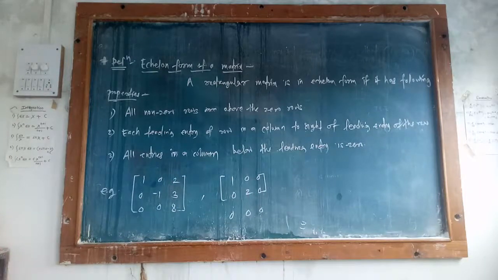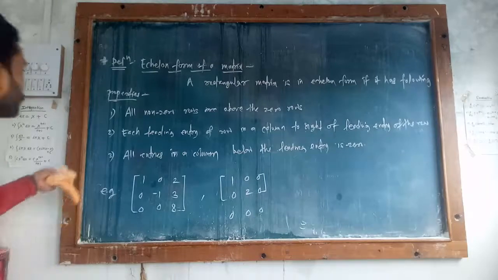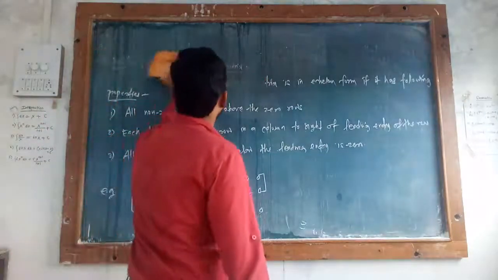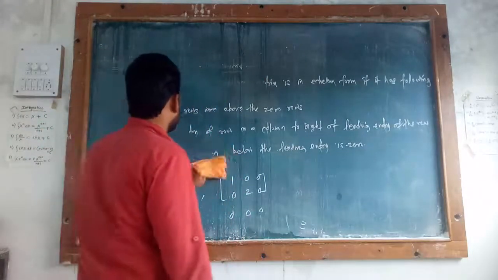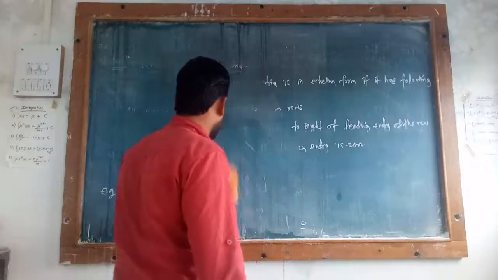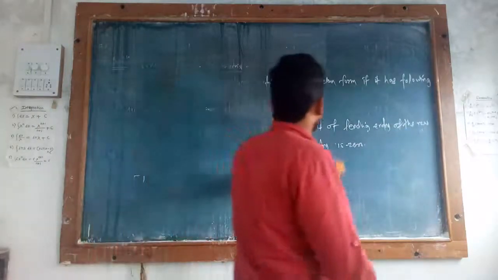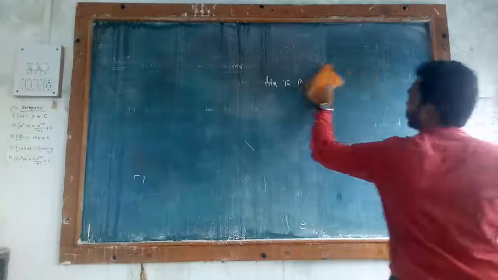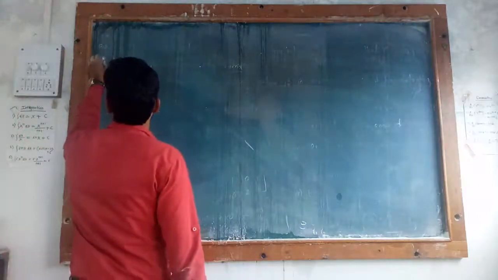Okay. So the next point: what is meant by row reduced echelon form of a matrix? The next definition is the row reduced echelon form of a matrix.